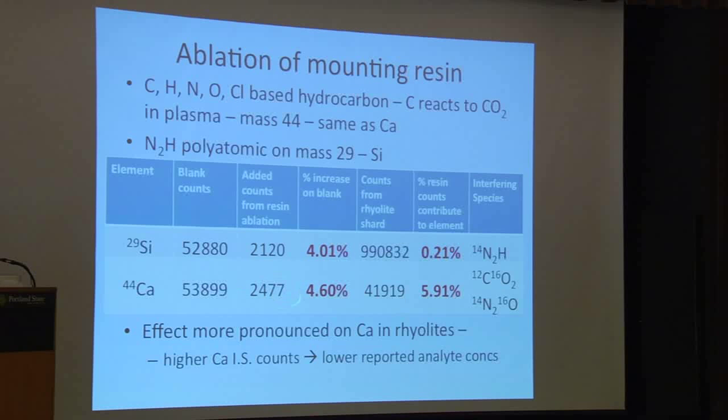For calcium, that 2,500 counts we got here relates to nearly 6% extra in the calcium signal that you get, which would reduce your numbers by 6%. Calcium internal standard goes up by 6%. Your concentration that you calculate effectively comes down by 6%. So there's a problem using that, and it's because of the low counts you get for calcium because of the low concentrations. So the internal standard choice is also problematic.